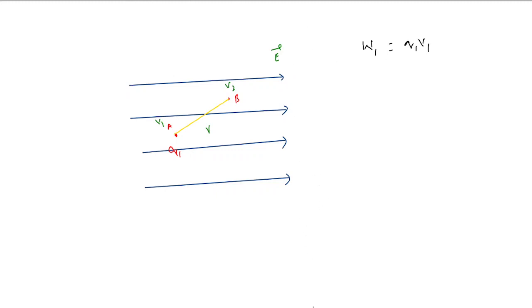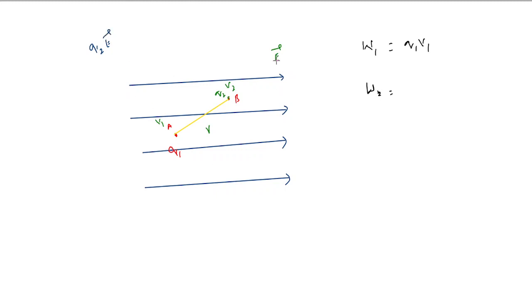Now suppose we bring charge Q2 from infinity again, to point B. Now there are two works done, so we'll call it W2. The work is done against two forces now. One would be the force from the field, which is given by Q2 into E, because this may oppose the motion.